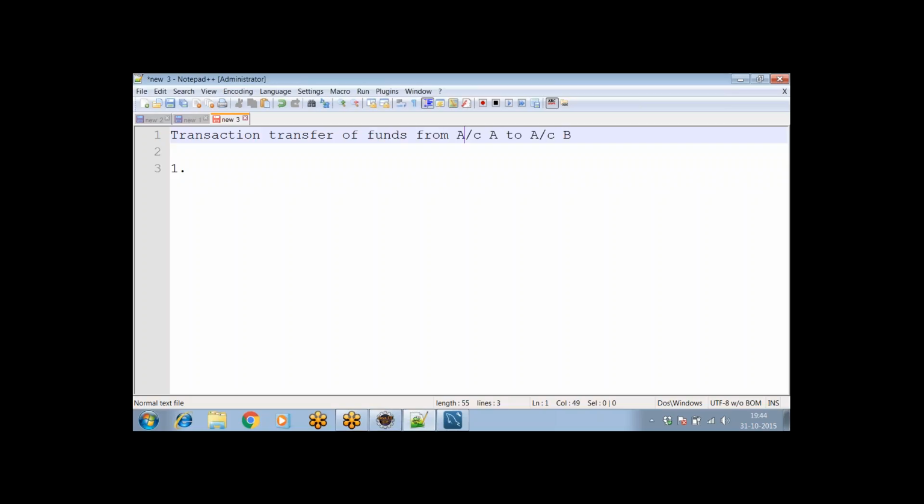So let's say transfer of funds, how much? 2000 from account A, whose balance is, let's say, 3000, to account B, whose balance is 4000. In this case, generally, what are the DB operations which will be involved? Can you people tell me?